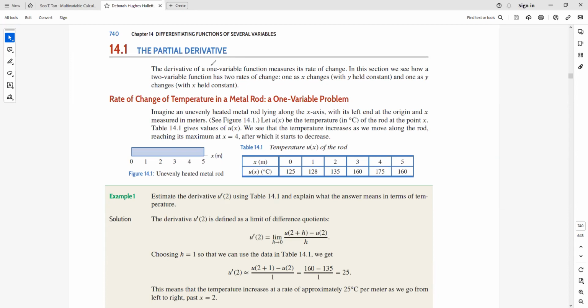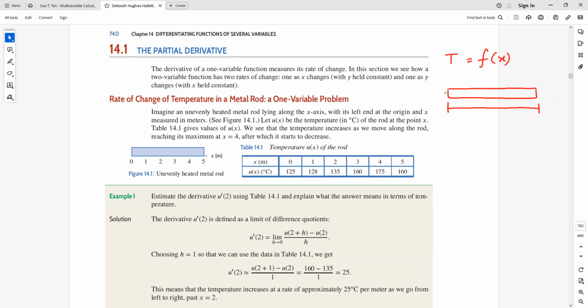So let's start with an example, that is the rate of change of temperature in a metal rod. Since we know that if a rod is heated and we want to find the temperature T in this rod at any point, we can say that the temperature is a function of the x direction, because heat is moving in the x direction.